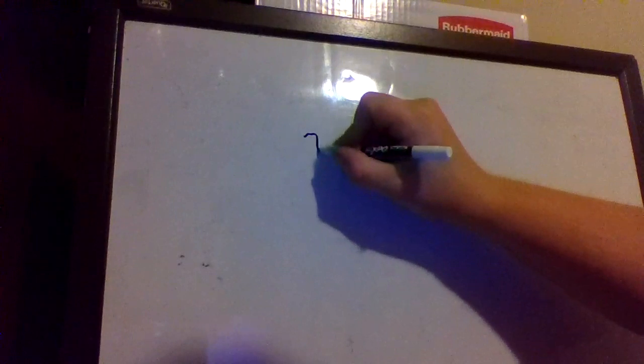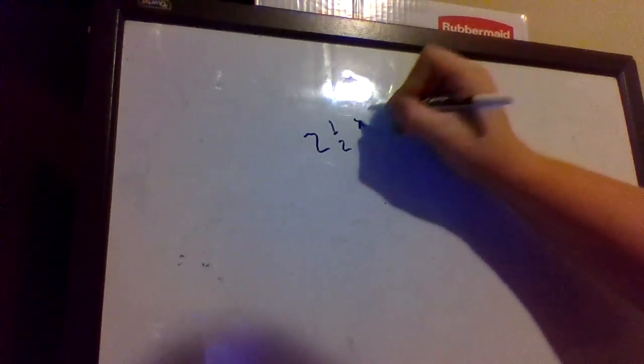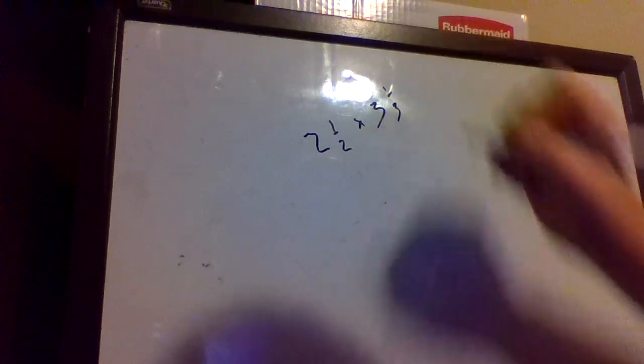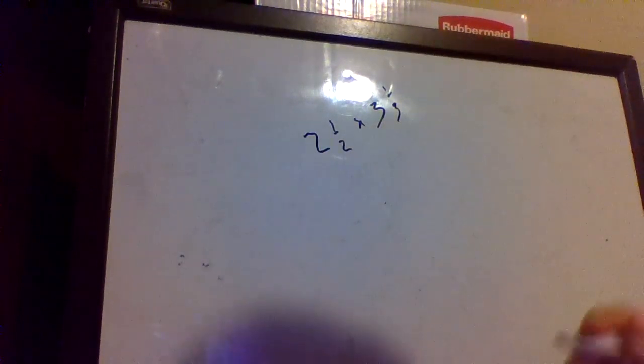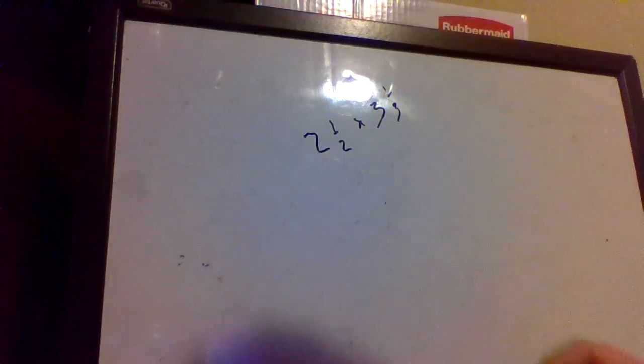So let's multiply 2 and 1/2 times 3 and 1/3. Alright, so I wouldn't even recommend writing that vertical, writing it up and down, because it's not going to help you any.